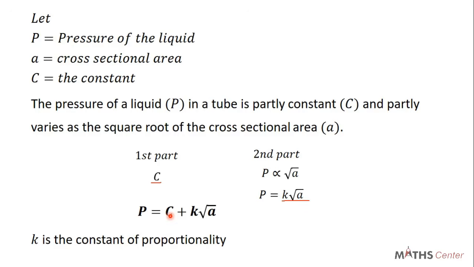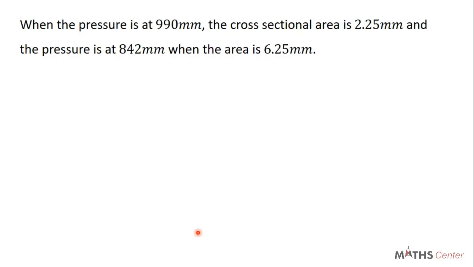Now we need to find the value of C and K in order to get an expression connecting P and A. We are being told that when the pressure is at 990 millimeters, the cross-sectional area is 2.25 millimeters. So we can say that when P is 990, the cross-sectional area, which is A, is 2.25.